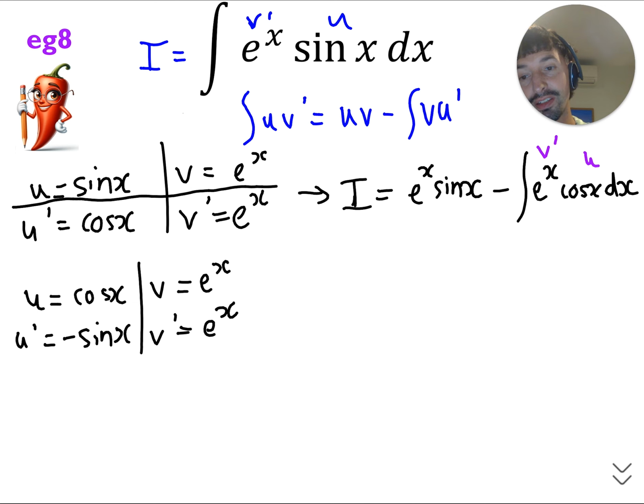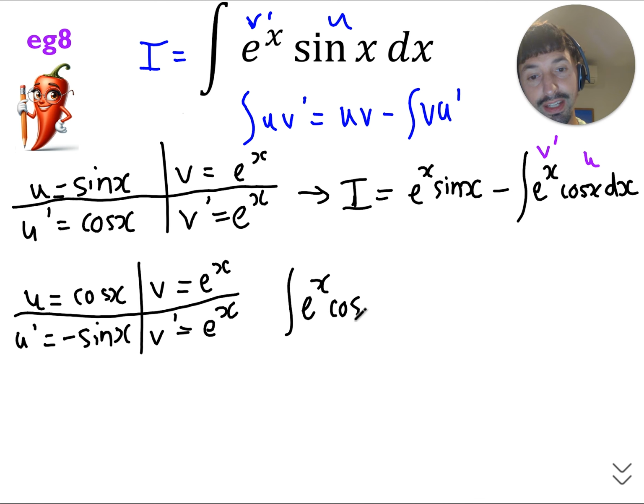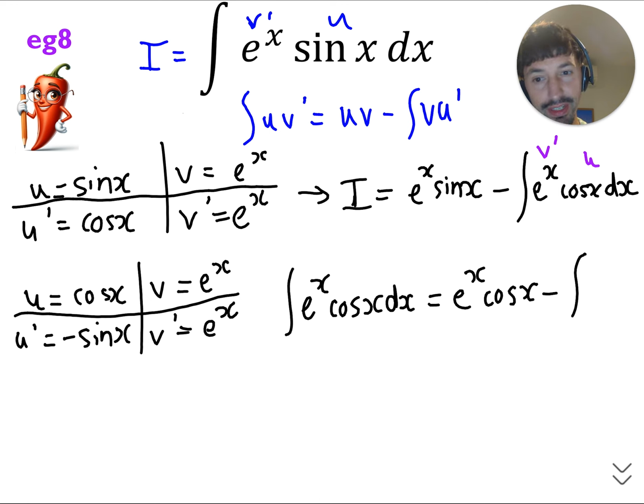So we set up a second grid, and now we can say that the integral of e to the power of x cos x dx is going to be uv, so we're going to get e to the power of x cos x, subtract the integral, and because it's negative sine x times e to the power of x, I'm going to turn this into a positive, so it becomes plus the integral of e to the power of x sine x dx.